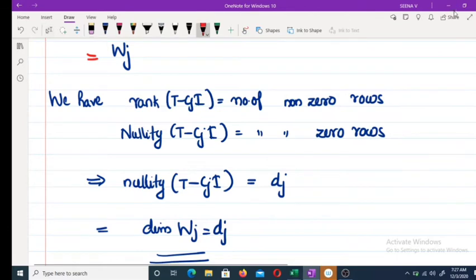We know that, suppose this is the matrix of order n. This is the same as the dimension of the vector space, and we have the row canonical form like this.